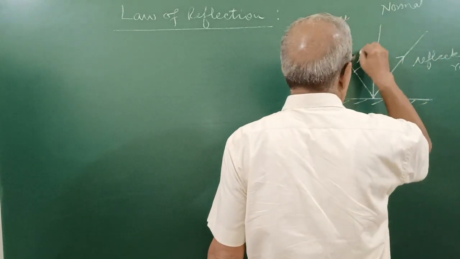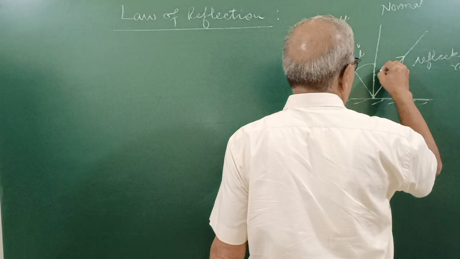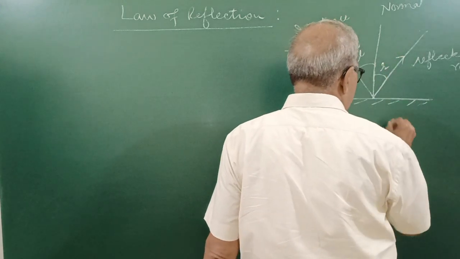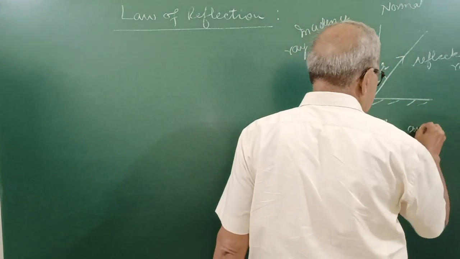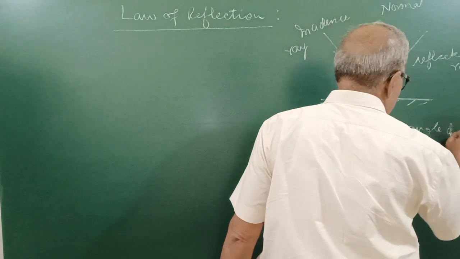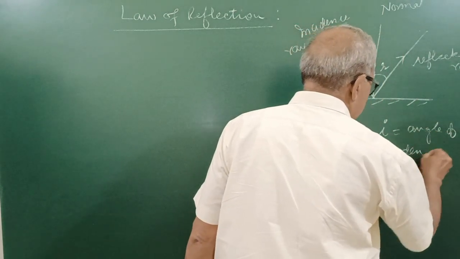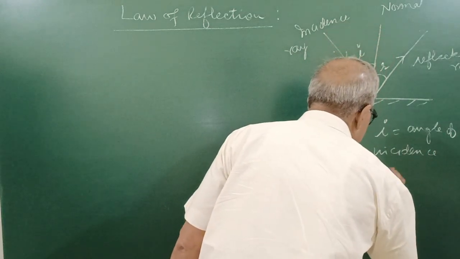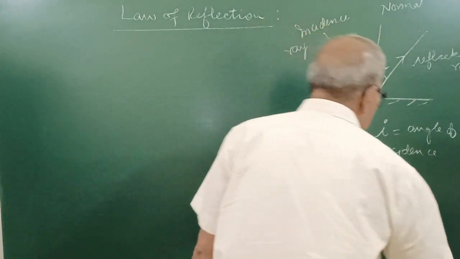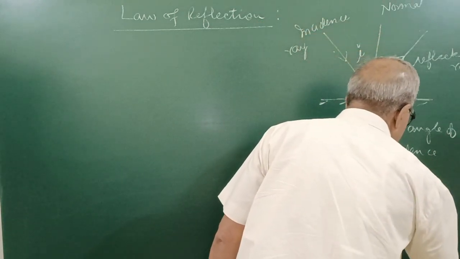This is called angle I, angle R. I is called the angle of incidence, while R is called the angle of reflection.